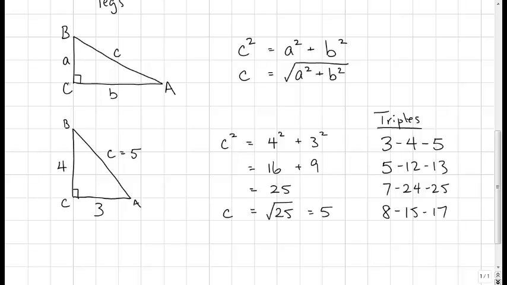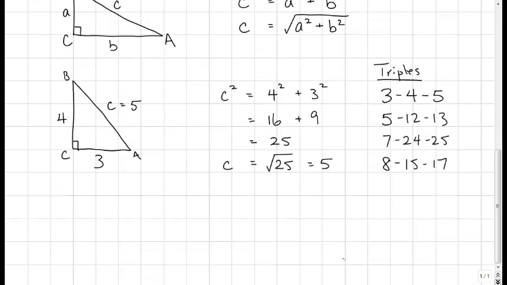All right. So let's take a look a little bit at trying to find some other missing sides, especially when the sides are not integers. So let's say we have a right triangle with legs of 2 and 3.